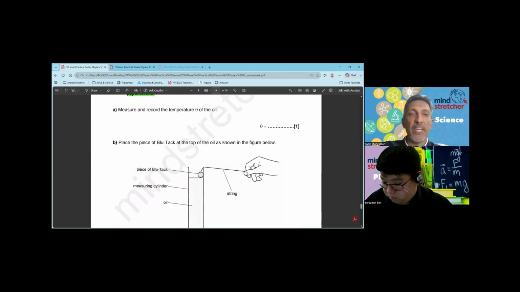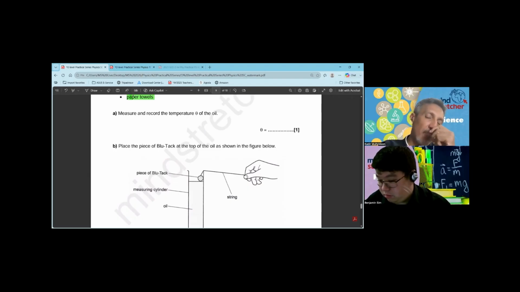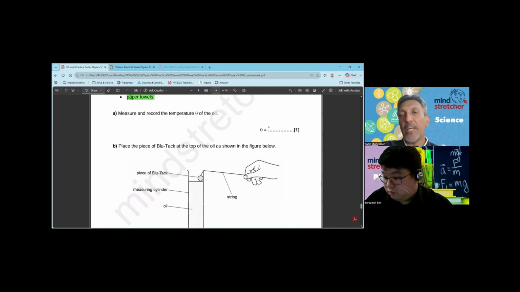Look at part B here. This is your setup. What they want you to do is put a thermometer in and measure the temperature of the oil. Let's say the temperature of the oil is around room temperature, around 25 point something. The unit for the thermometer is degrees Celsius. Say your temperature is 27.